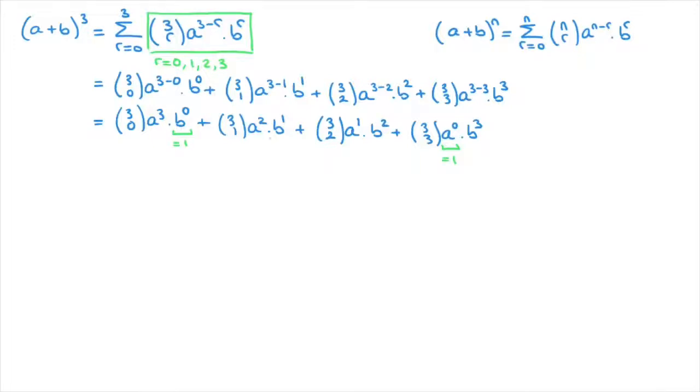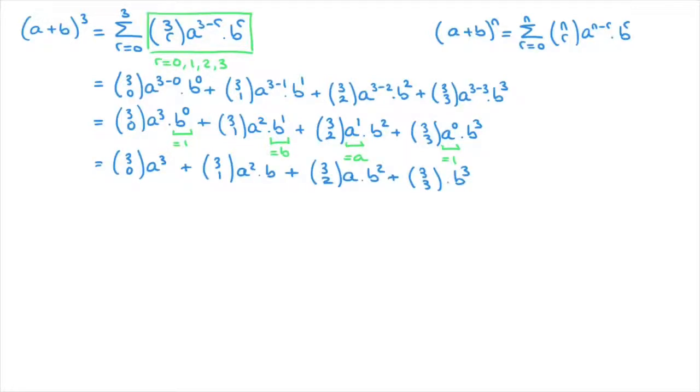So when we see b to the power of 1, that's equal to b. And when we see a to the power of 1, that is equal to a. Keeping those things in mind, we can rewrite this expression as 3 0 times a to the power of 3 plus 3 1 times a squared times b. And we carry on.